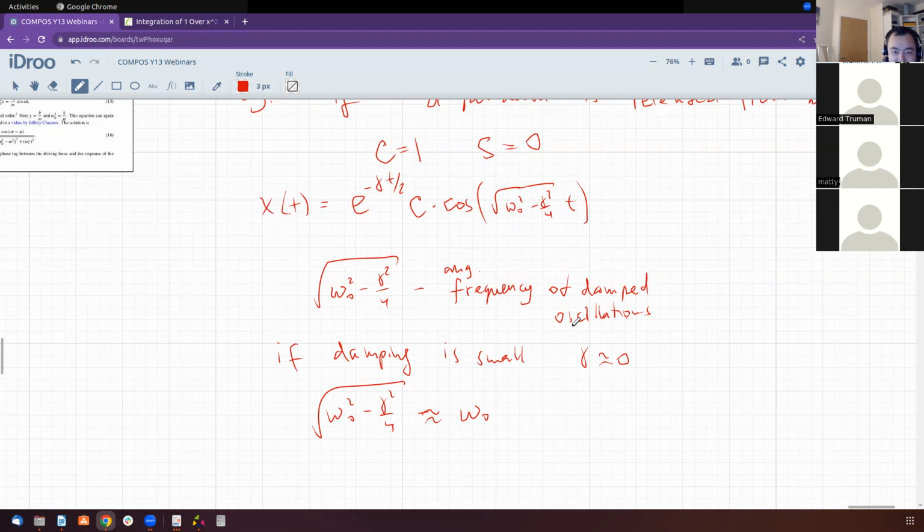This is the frequency of damped oscillation, so we can call it omega star. When you introduce damping into the system, the pendulum goes slower, and that makes perfect sense. Frequency decreases. It becomes omega minus something.